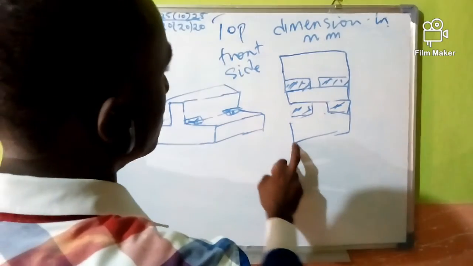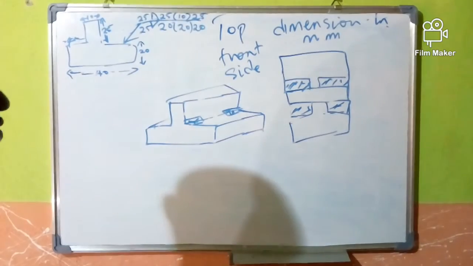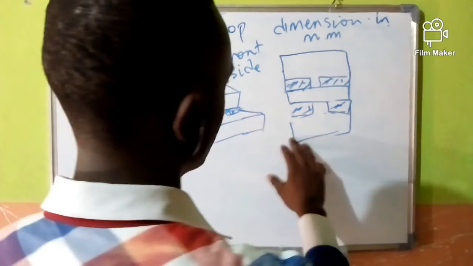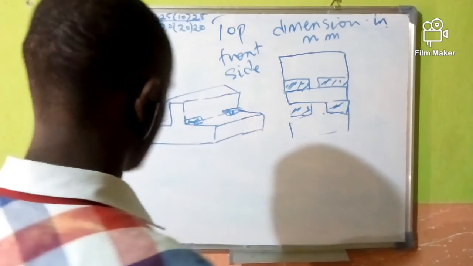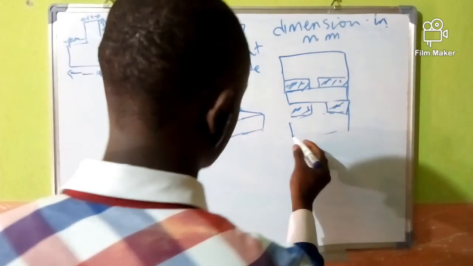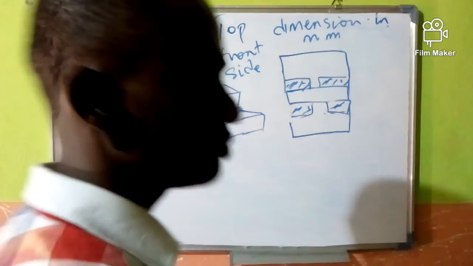Now from here to here represents the length of the piece of work, or the length of the weld. So make sure you apply all these things in order for you to arrive at an accurate result.